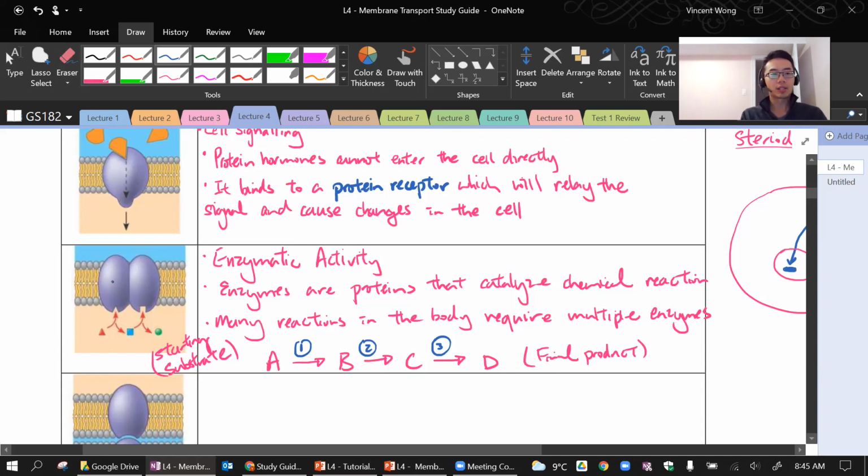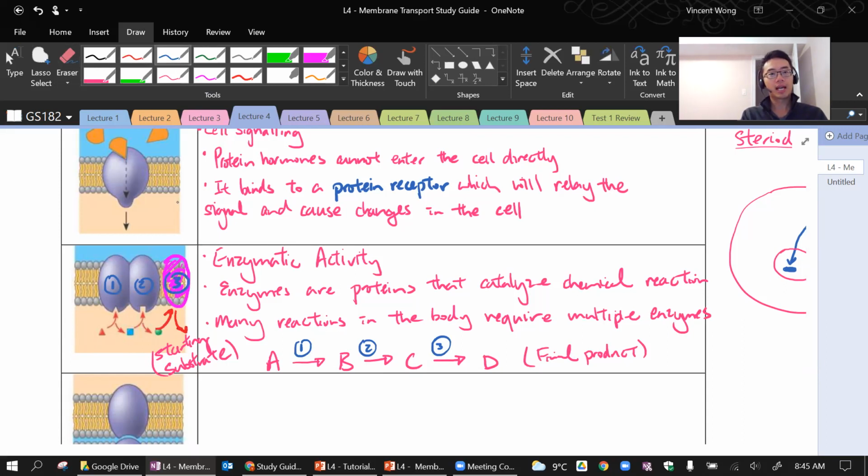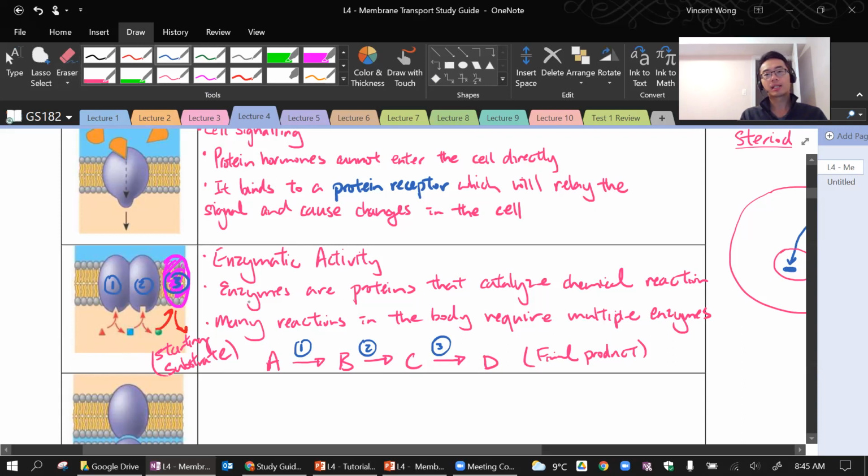So this would be enzyme number 1, this would be enzyme number 2, and then maybe we can add a third one here, enzyme number 3. The product of the first reaction will be used as the substrate of the next, and the product of the second will be used as the substrate of the third. In this way, you are able to catalyze a reaction faster.